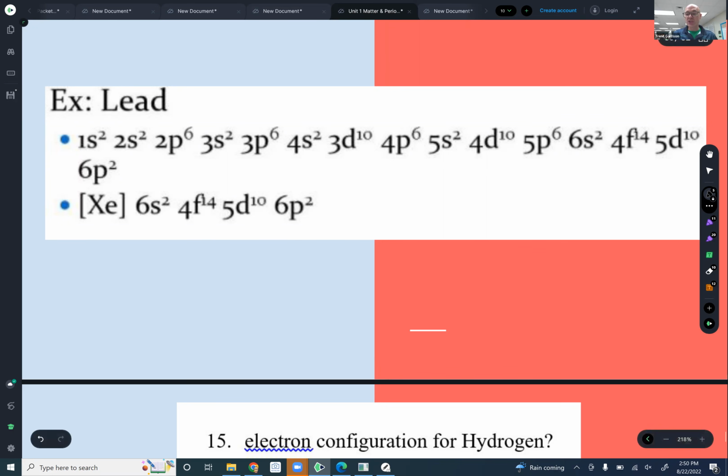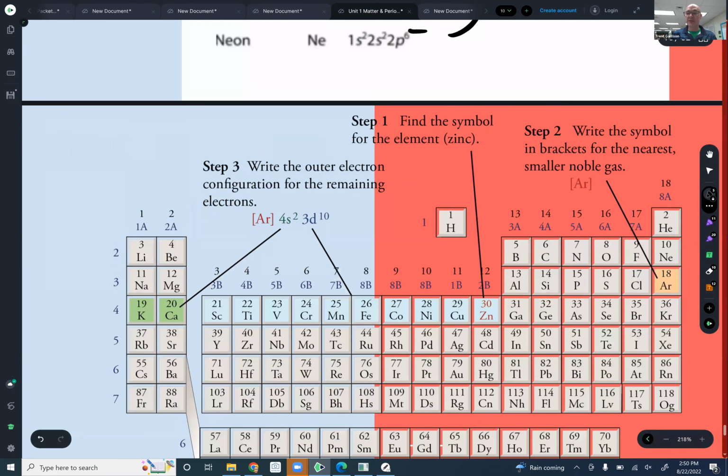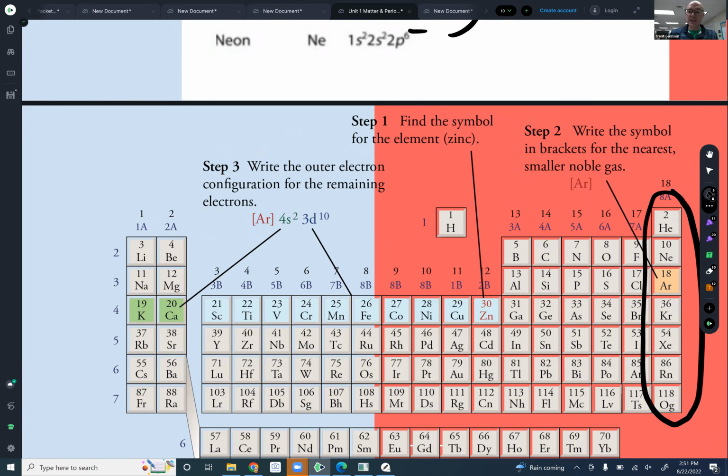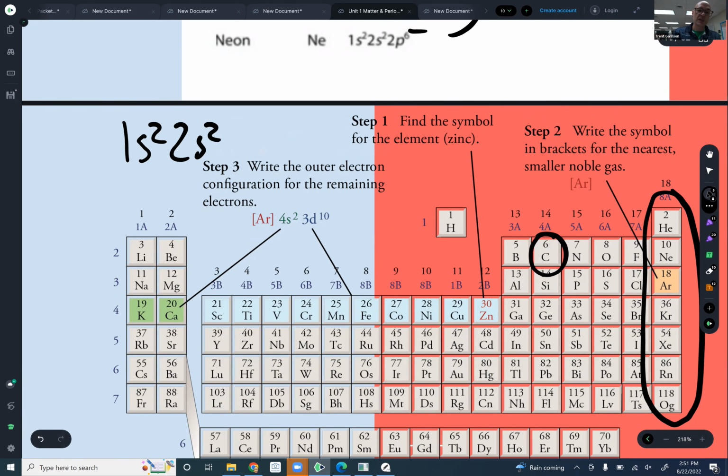The abbreviations are only allowed for the elements that are noble gases. So in other words, if I don't want to write all of the information for carbon, which is 1s2, 2s2, 2p2, I can abbreviate the previous completed energy level. The previous completed energy level would be helium.